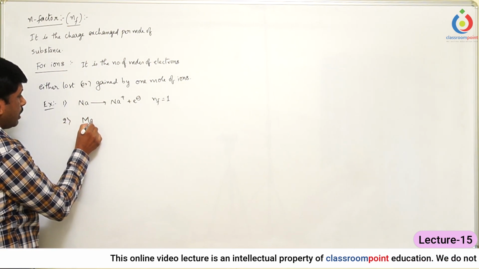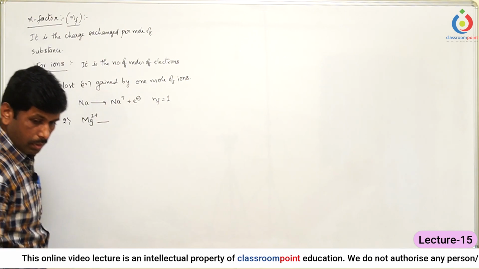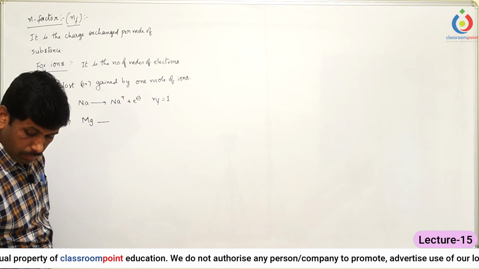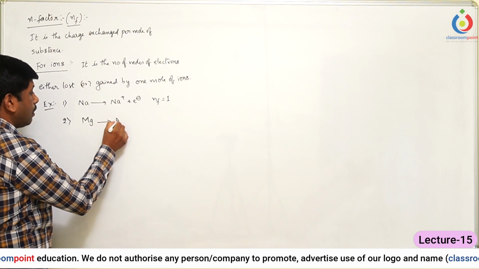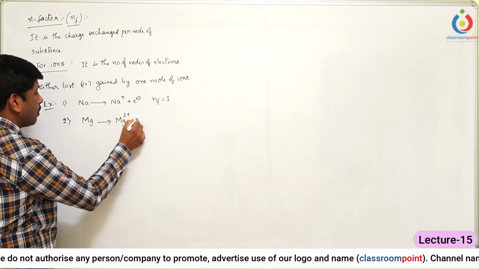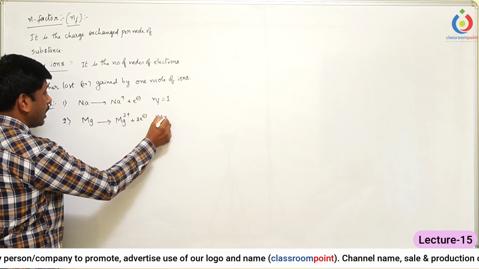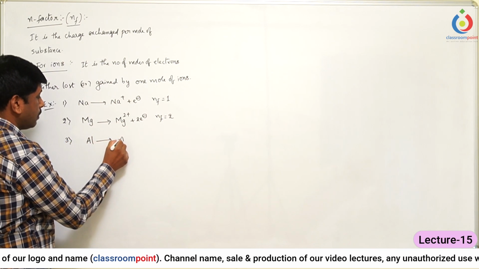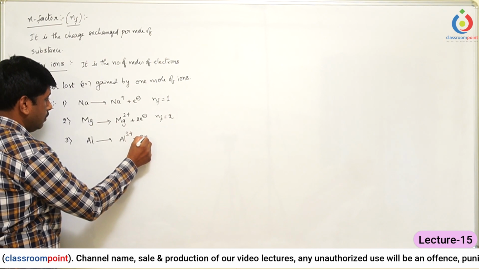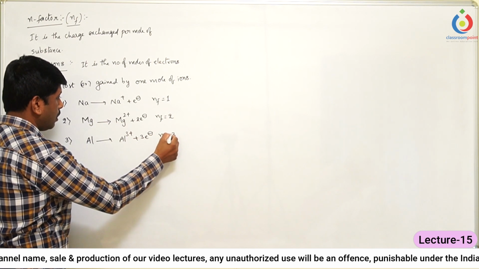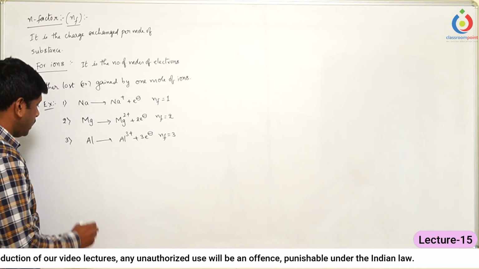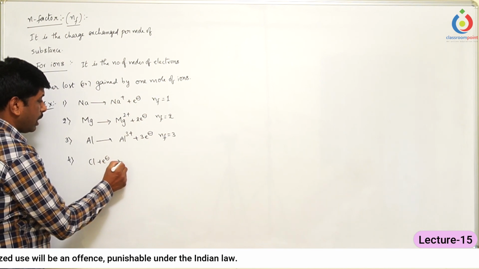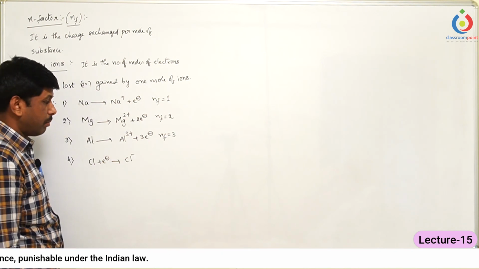Let us take magnesium, Mg2+. Magnesium lost 2 electrons, so the N factor is equal to 2. Similarly, aluminum, Al3+, 3 electrons are lost, so the N factor is equal to 3. Now let us take chlorine. It gained 1 electron and converted to the Cl- ion.